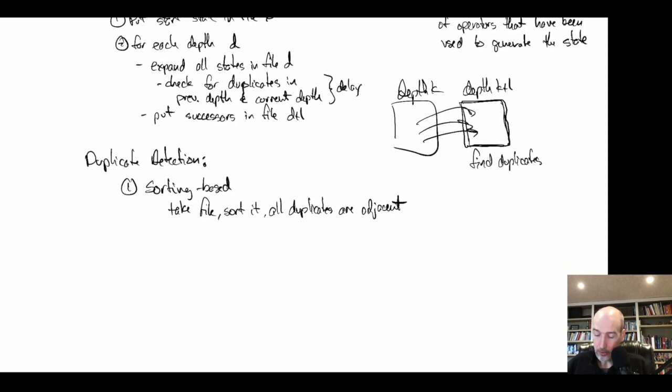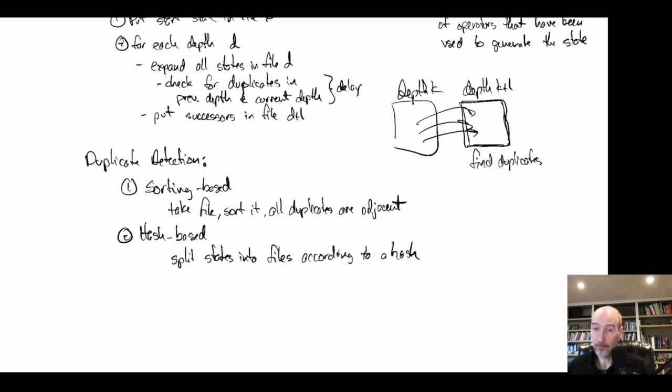And so another approach that's very common here is hash-based. And hash-based duplicate detection is going to split a file or split states into files according to a hash. Sorry, my handwriting's a bit messy today.